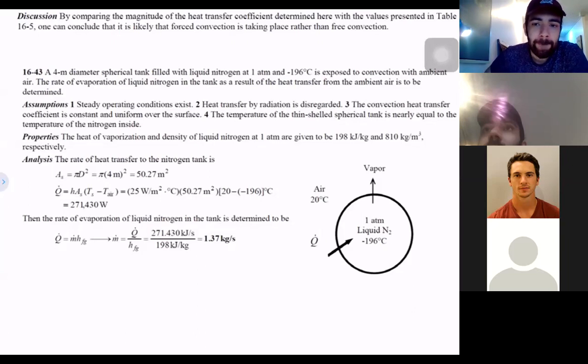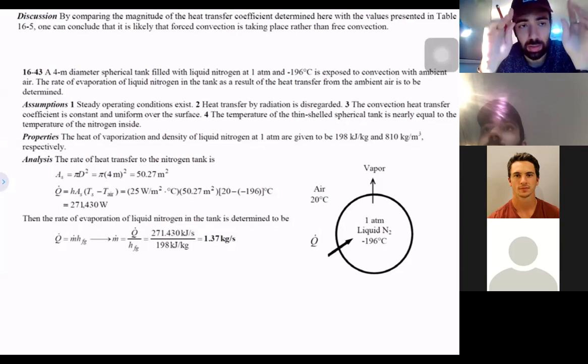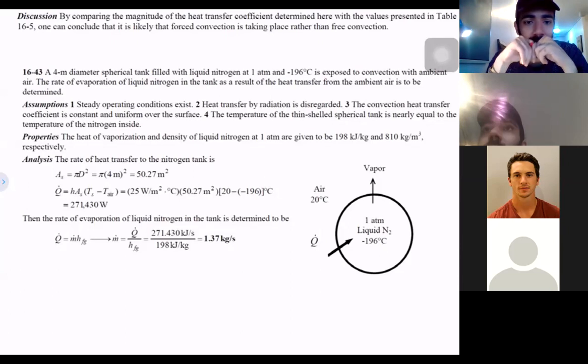So basically the problem is a convection problem, because the tank is put in an area of air at 20 degrees Celsius, and the liquid inside of it is absorbing energy from the outer air.